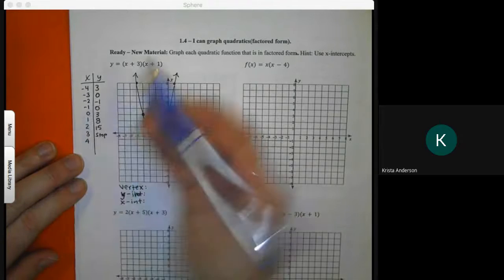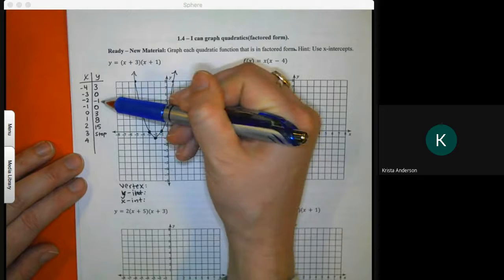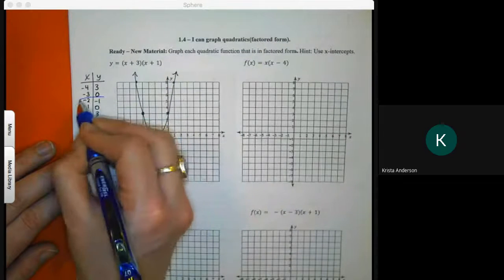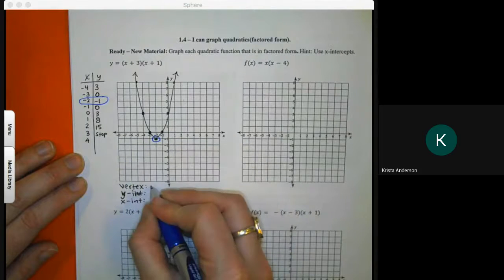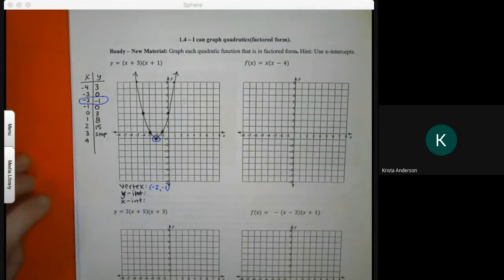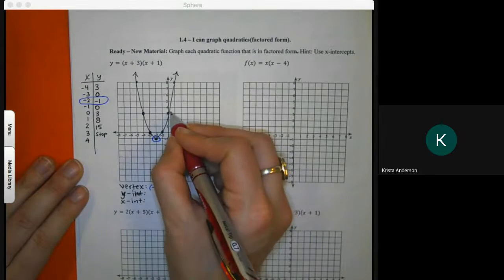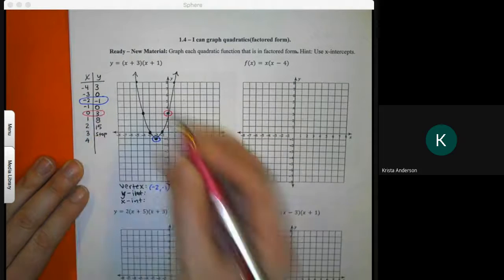Your vertex, whenever I see matching numbers, the middle is my vertex, which is right here. My y-intercept is where it touches the y-axis, which is at 0, 3.